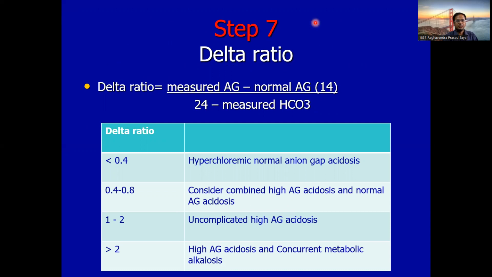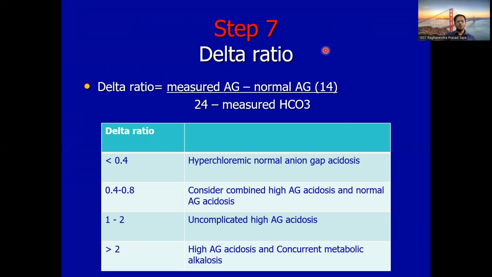So now step 7. In this step 7, you have what is known as the delta ratio. You should know what this delta ratio is. Delta ratio is defined as the ratio of delta anion gap to delta bicarbonate. So delta ratio is equal to measured anion gap minus normal anion gap, divided by 24 minus measured bicarbonate.